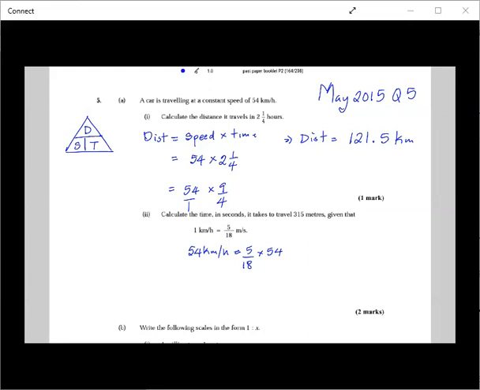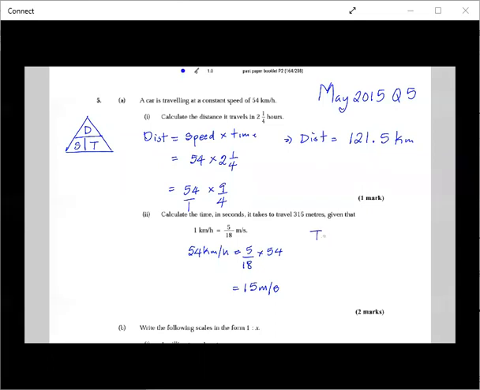So that would make this answer be 15, but let's double check. All right, so I'm correct. So the speed, 54 kilometers per hour, is the same as saying 15 meters per second.